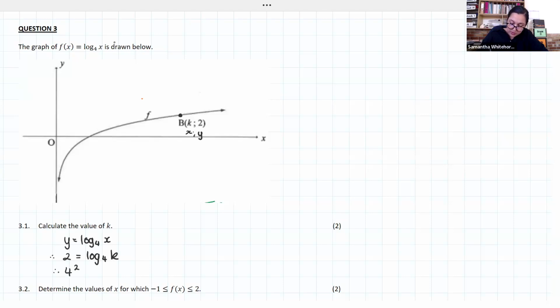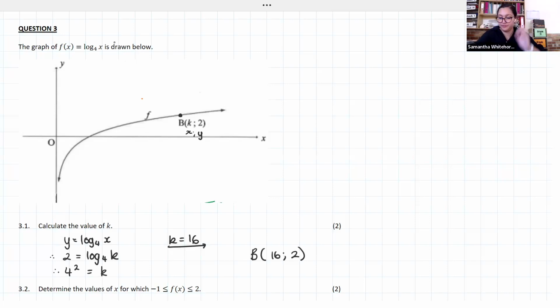So 4 to the power 2 is equal to k. And so k is equal to 16. That's it. All right. So once again, don't overthink. When you've been given a coordinate and you have an equation and you're looking for either the x or the y, sub it in and solve for what you're looking for. This does obviously mean that we know that B is at (16, 2).